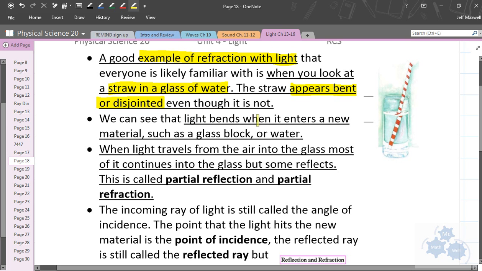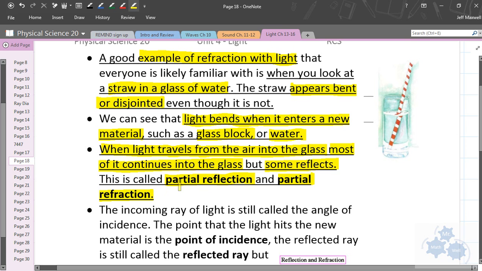So light bends when it enters a new material, such as a glass block or water. When light travels from air into glass, most of the light continues into the glass and through the glass, but some reflects. This is called partial reflection and partial refraction.